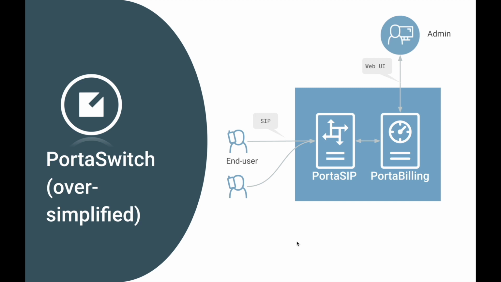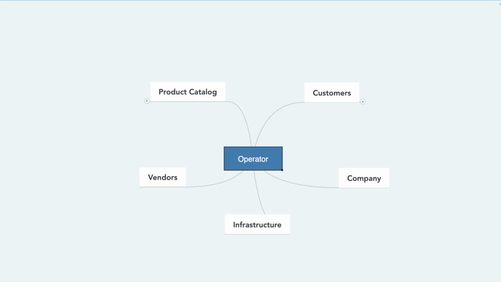Before we take on our role as PortaBilling administrator and jump into the really interesting part where we get to configure things, let's have a quick overview of the main entities in PortaBilling. There are a few thousand configurable parameters in PortaBilling, but we are not going to use most of them in this chapter, so we are not going to get into more detail, okay?